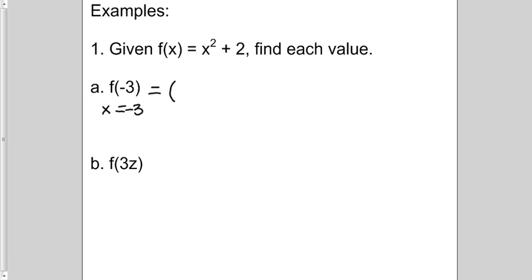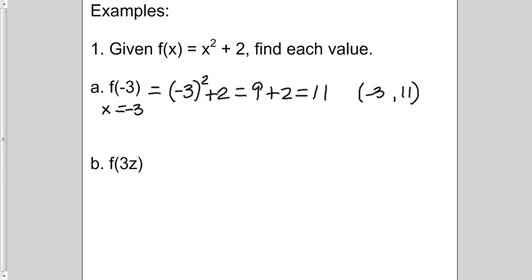So instead of x, I'm going to use negative 3. That's our input value. And then I'm going to add 2. Well, negative 3 squared gives me 9, and 9 plus 2 gives me 11. So what this means is f of negative 3 equals 11. If I wanted to write it as an ordered pair, the x value is negative 3, and my output, the y value, is 11.